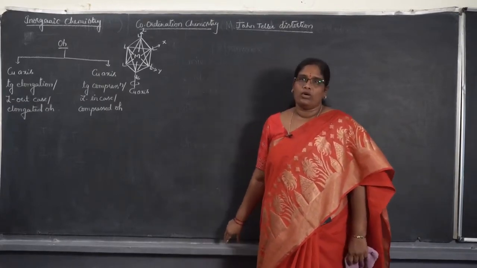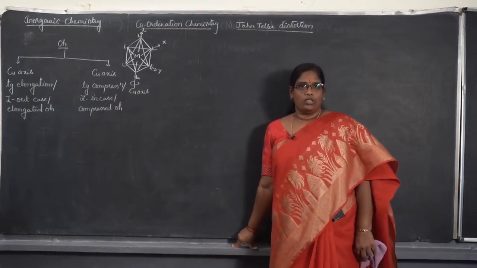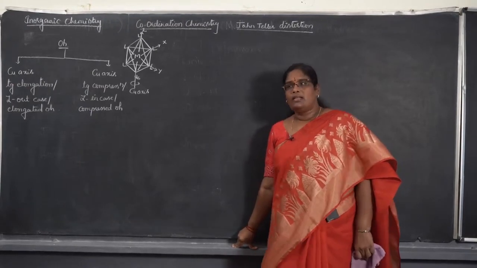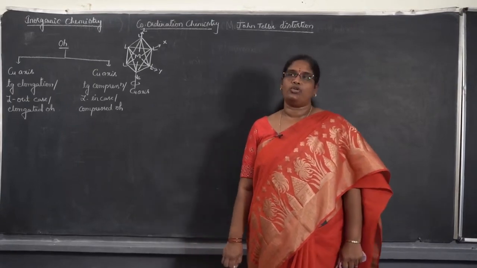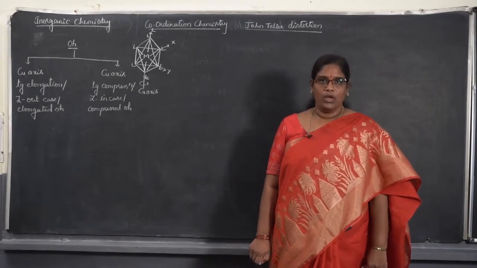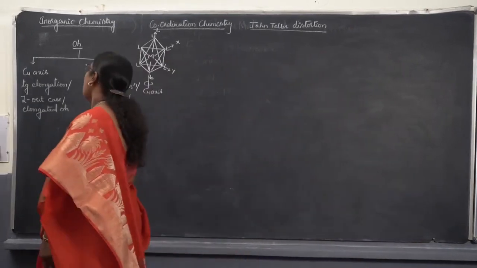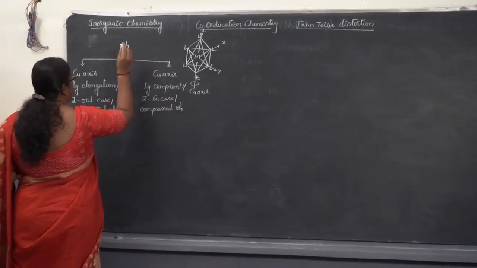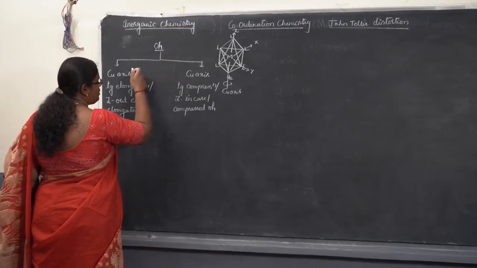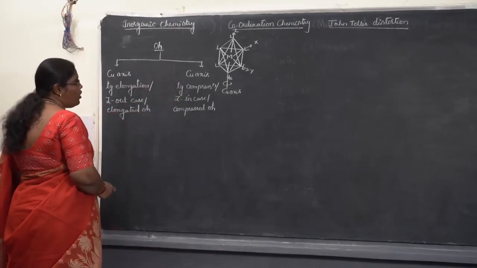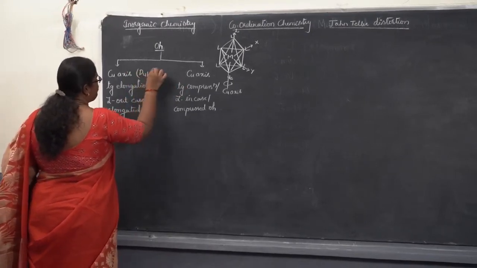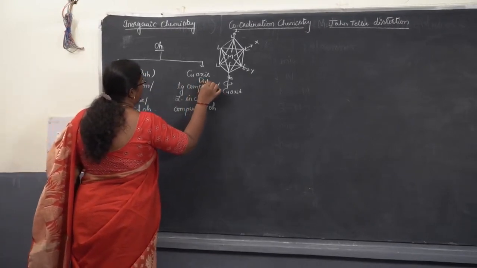And what is the consequence of distortion? As a result of distortion, the complex will reduce its symmetry. Energy is released, and this energy is going to remove the degeneracy of the d orbitals of the metal. Octahedral geometry is a perfect cubic geometry, and when you take elongation or compression, that is distortion along the C4 axis, the symmetry of the complex is reduced from octahedral to D4h.